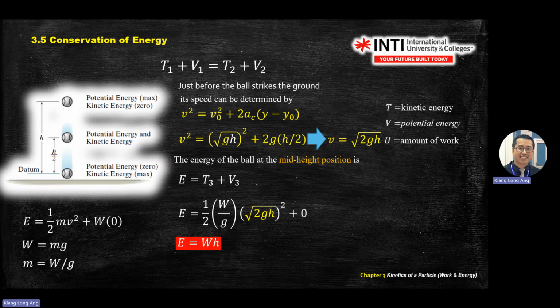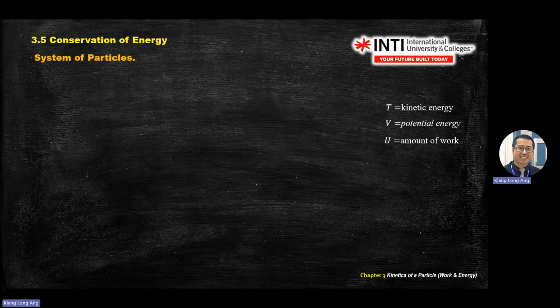The energy doesn't change. This is how you prove it. This is when you only have potential energy with a change of height from the datum. But if there is a spring, then you need to add the spring term inside.